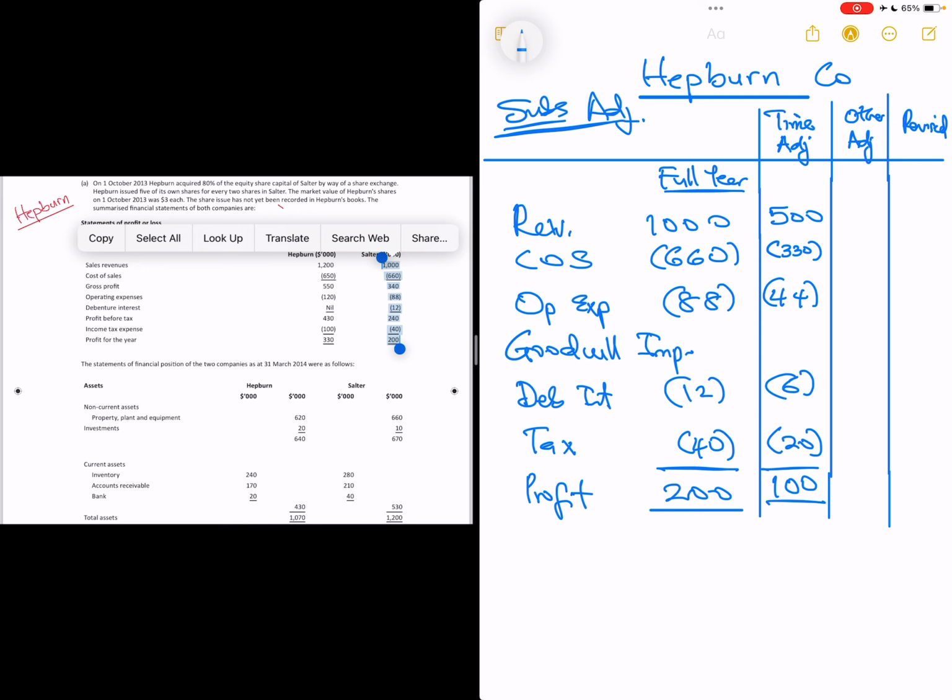Which means we have apportioned based on time. But that is not our revised financial statement. We are not done yet until we check for other adjustments that we have to make. That's when we know what exactly is our revised profit. Okay? So in this question, there's intercompany sales.